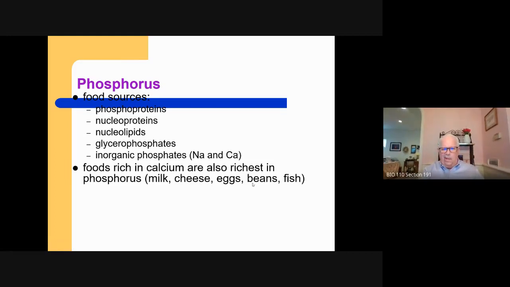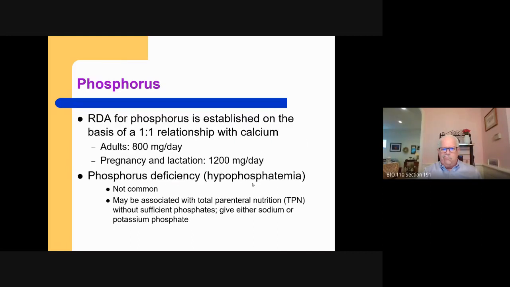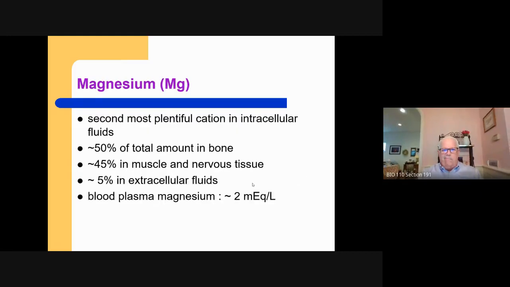So a vegan should not only take vitamin B12, but should also take calcium and phosphorus supplements. Okay? Phosphorus is the second most abundant mineral in the body because it goes with calcium. So calcium and phosphorus are number 1 and number 2 when it comes to minerals in the body. Don't worry about deficiency. It's not important.